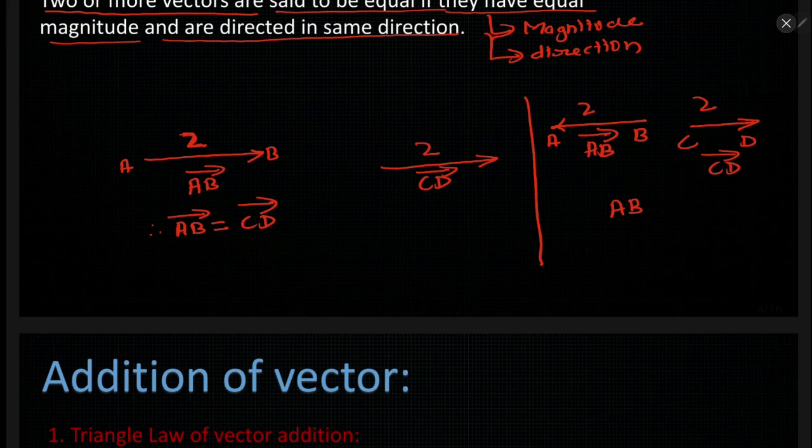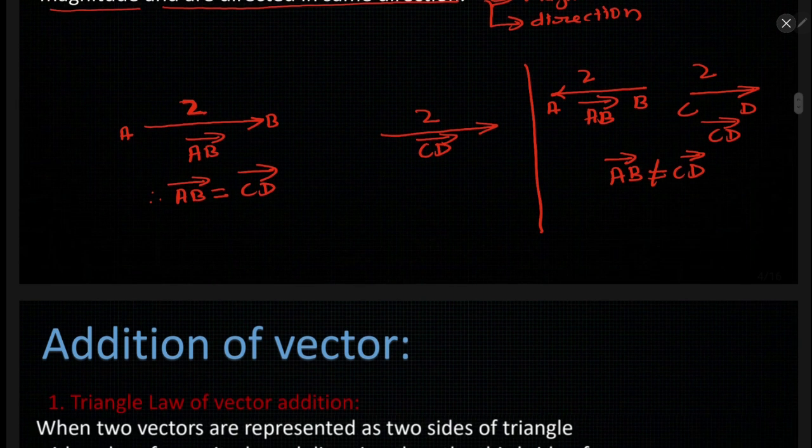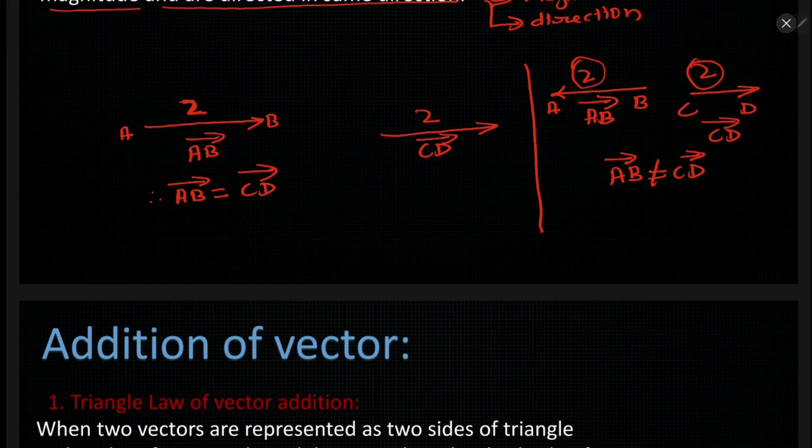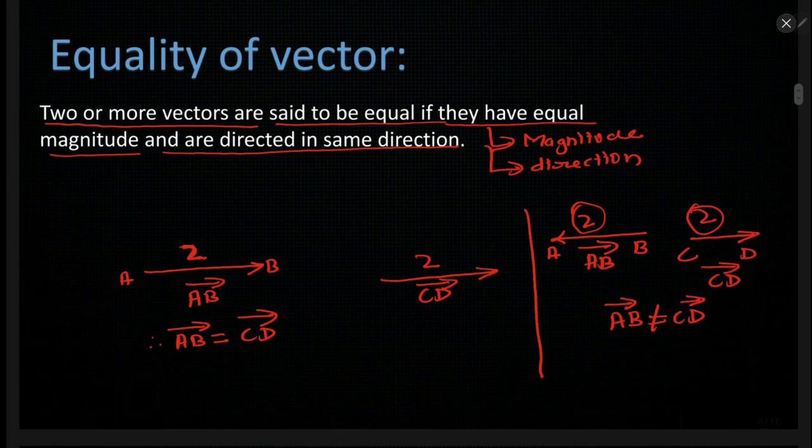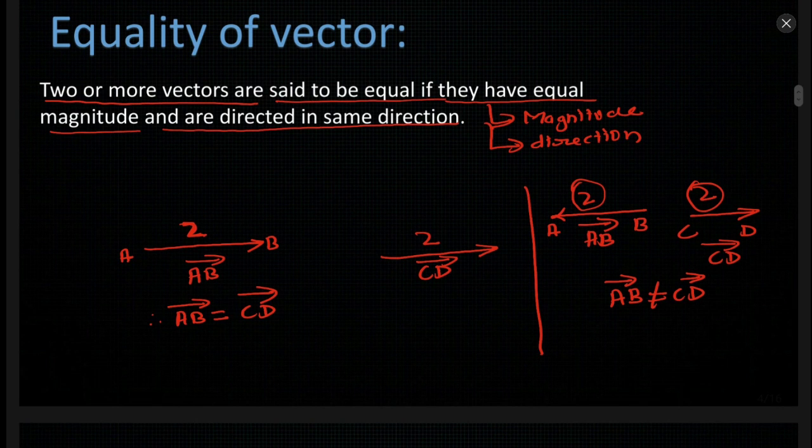Therefore vector AB is not equal to CD. Although the magnitude of both the vectors is the same, these vectors are not equal. So for two vectors to be equal, they should have equal magnitude and should be directed in the same direction.